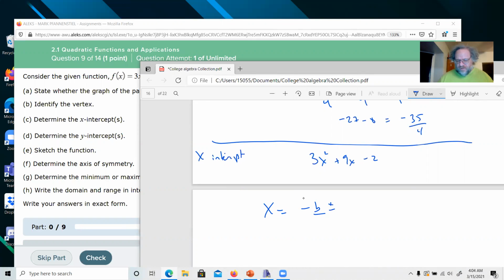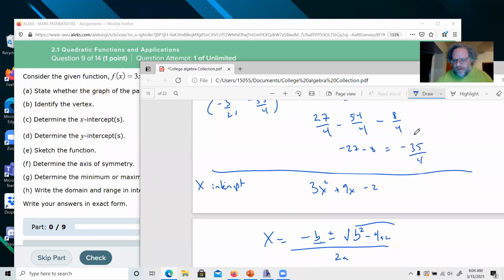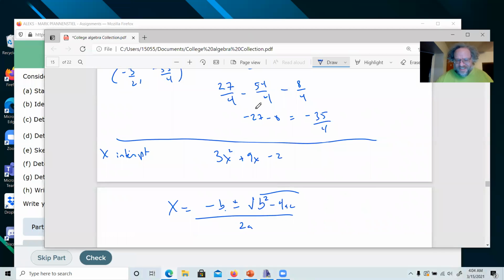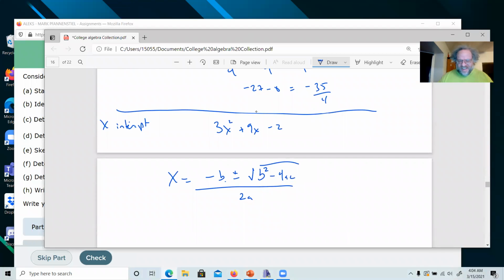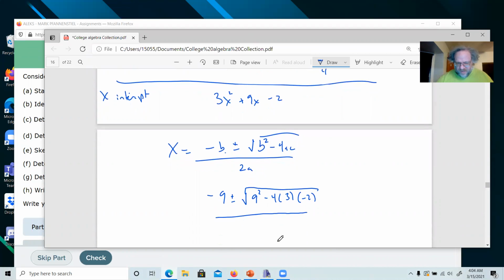Negative b plus or minus the square root of b squared minus 4ac all over 2a. Okay, let me get rid of that. There we go. All right, this is always the fun part, right? So we have negative 9 plus or minus the square root of 9 squared minus 4 times a, 3, times c, negative 2, all over 2 times 3.